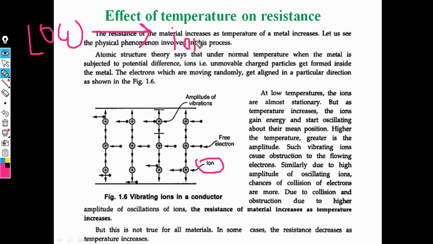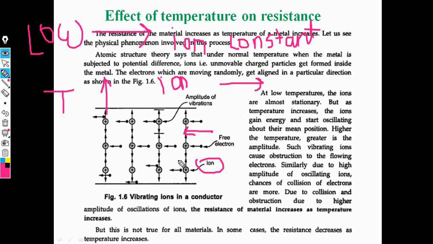At low resistance, the ion is at a constant position. But when the temperature increases, the ions start moving in this direction, that is it will depend on the direction of current, and the ions will be moved.